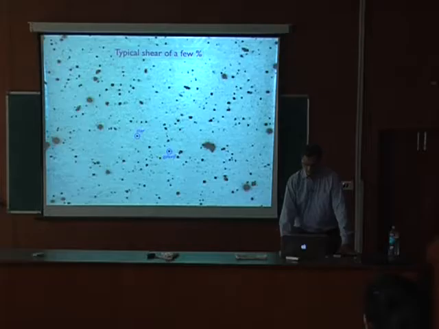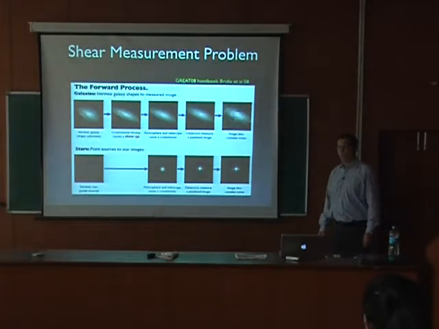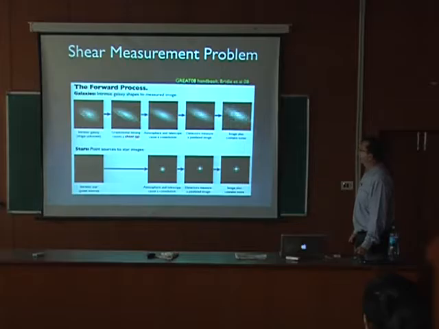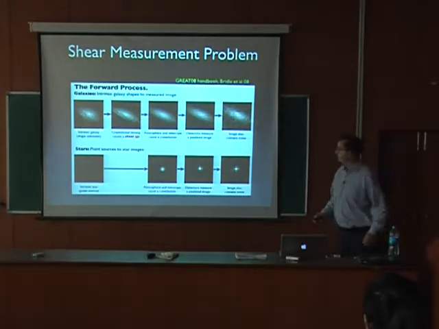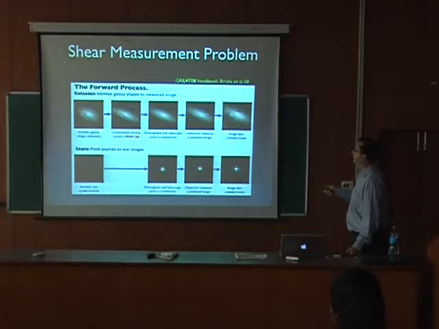Okay. And that's really the tricky part, and where a lot of the work has been going on in weak lensing. So let me talk about what the problem is. Let's think about what happens to the photons, or to the image of the galaxy, from the intrinsic shape of the galaxy all the way to what we detect.